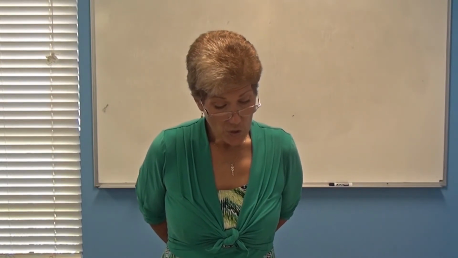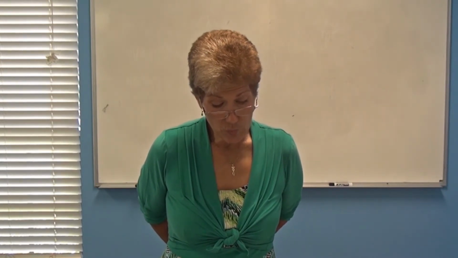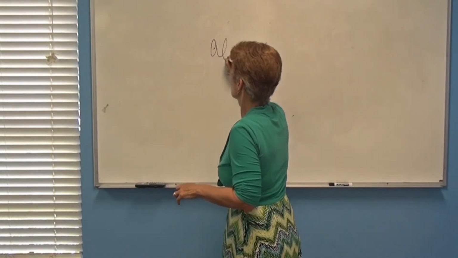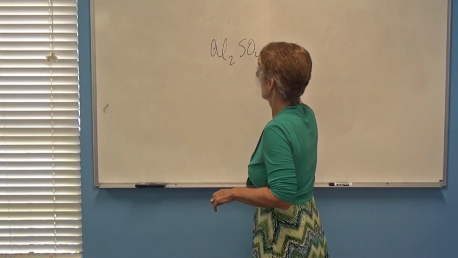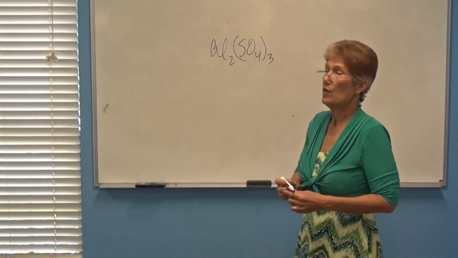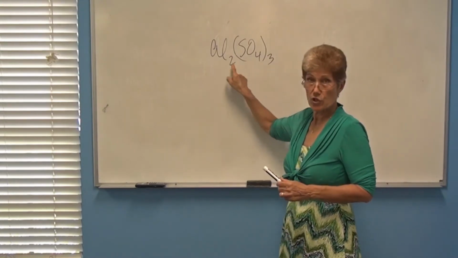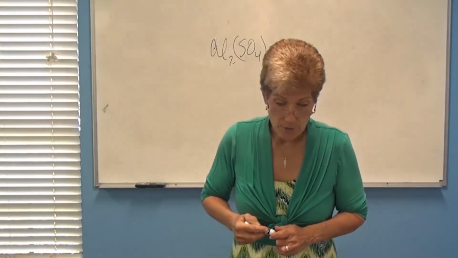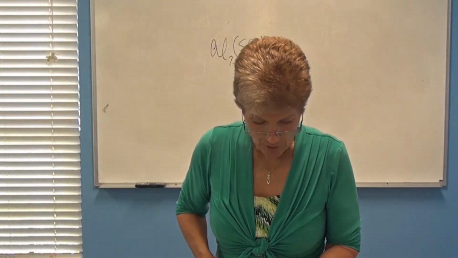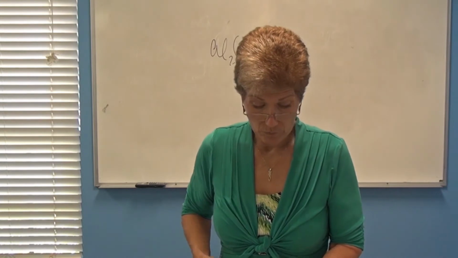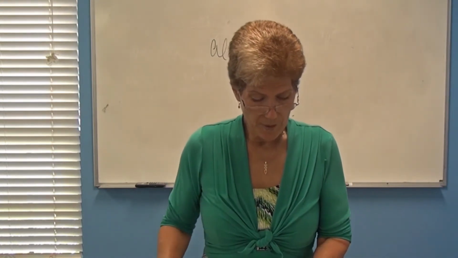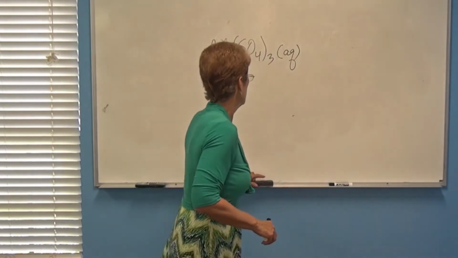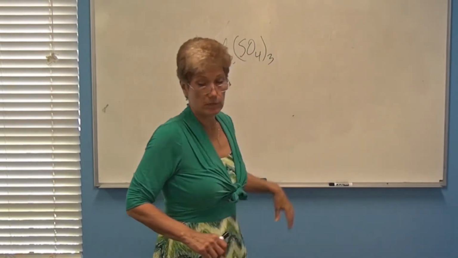Okay, so it's an aqueous solution, 3 sulfates to every 2 aluminums, and it is aqueous, because it actually said there an aqueous solution. I guess you didn't have to have aqueous, but that's the solute.